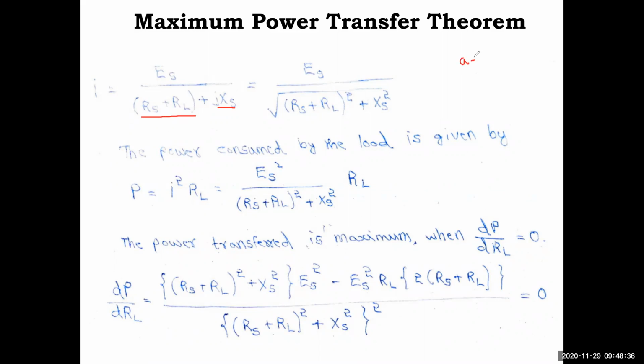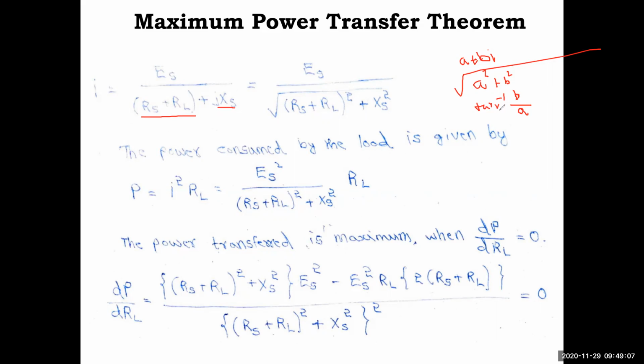When you have A plus jB form, its magnitude will always be square root of A square plus B square, removing the j term, and angle is always tan inverse of B by A. In the calculator you convert from rectangular to polar; manually it is this formula. If you want the magnitude, you take square root of A square plus B square, and angle is tan inverse B by A.